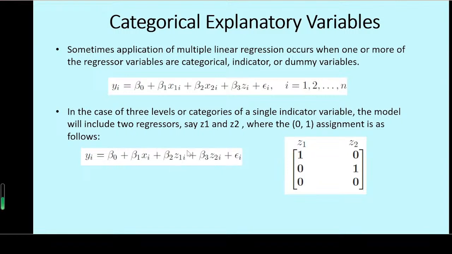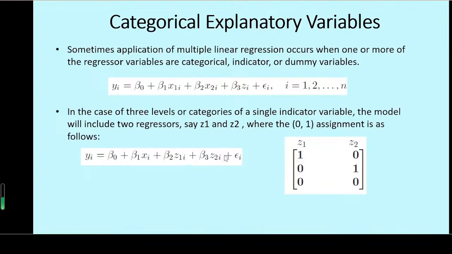So for one dummy variable, say z1, we will put 1 if the category, for example, is 1. So we decide the first category for this dummy variable is using z1. So we just put 1 for the variable's value in the observation.